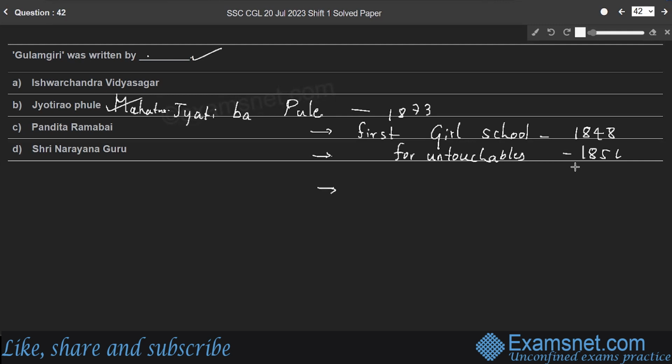Right, he formed Satyashodak Samaj in 1873 to focus on the rights of depressed groups such as women and untouchables. For the given question, Gulamgiri was written by Jyotirao Phule or Mahatma Jyotiba Phule. Option B is the right answer.